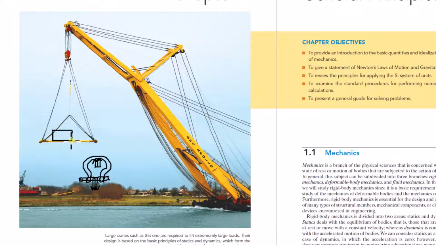If the size of that crate is similar to the size of the beam, it probably wouldn't be a good assumption to say that the entire weight is acting at a single point. You would want to model that as a load. The entire weight of that crate is distributed over the contact area between the crate and the beam.